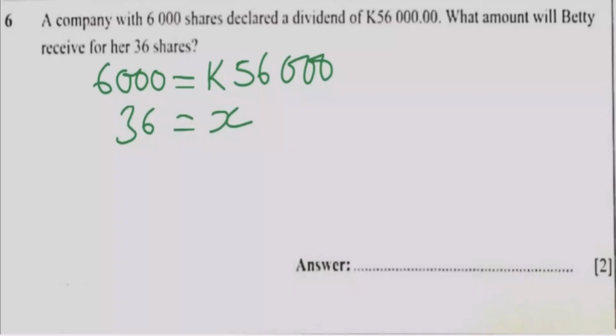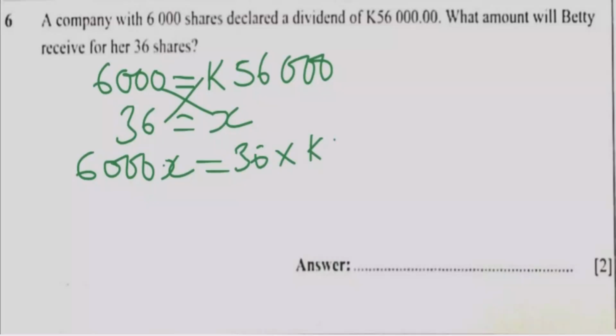So what we do is we cross multiply. That means we're going to have 6,000 times X, which gives us 6,000 X, then 36 times 56,000 kwacha. So what we can do is divide both sides by 6,000 just to simplify.